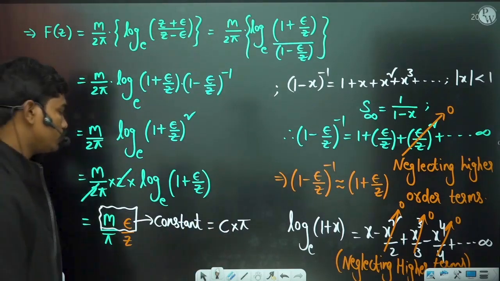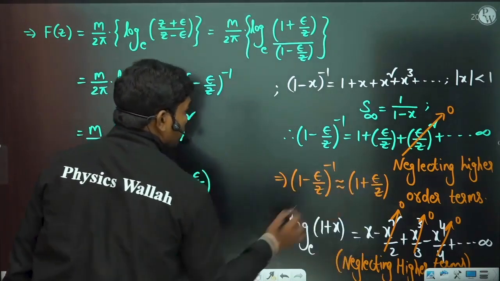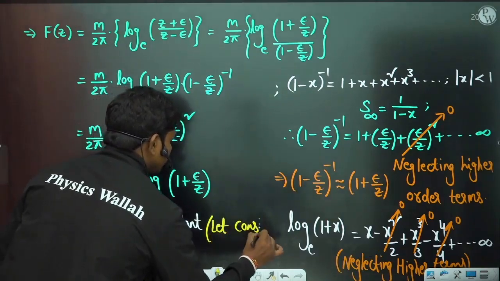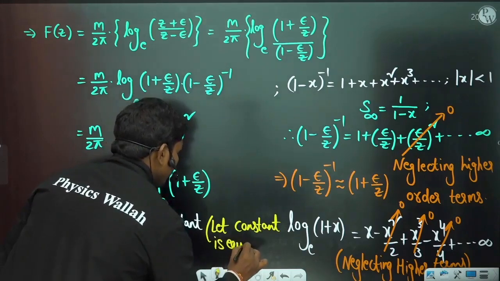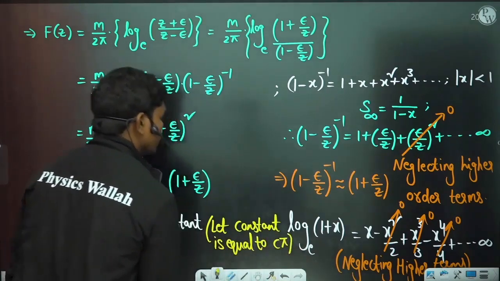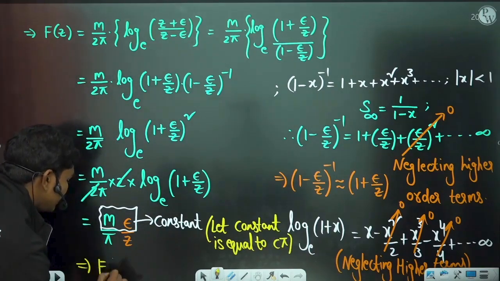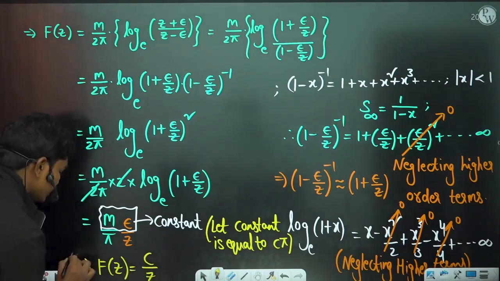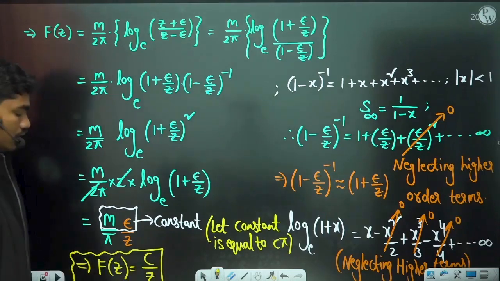So let the constant be equal to c times pi. If you put that c times pi, this implies your f of z is actually equal to c by z. So we have c by z for the doublet.